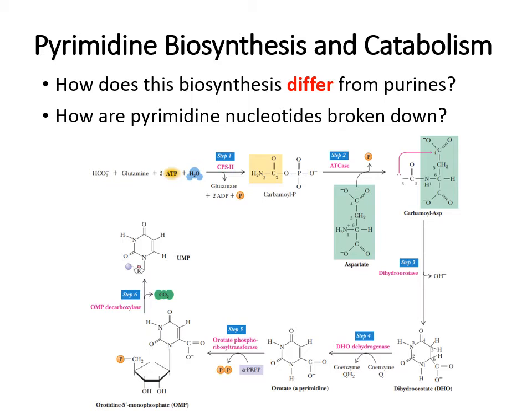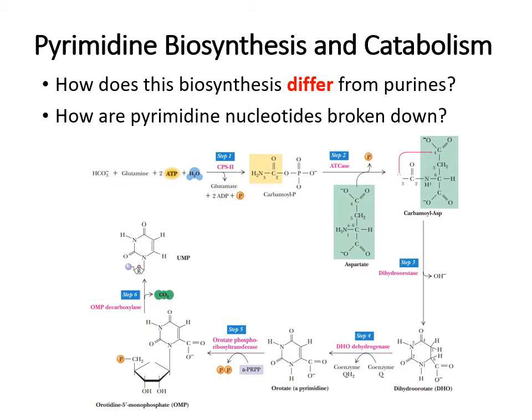Okay, so the overall pyrimidine biosynthesis is different from purine nucleotide in that, remember I mentioned before, the idea of the ring being assembled to the ribose would be different.